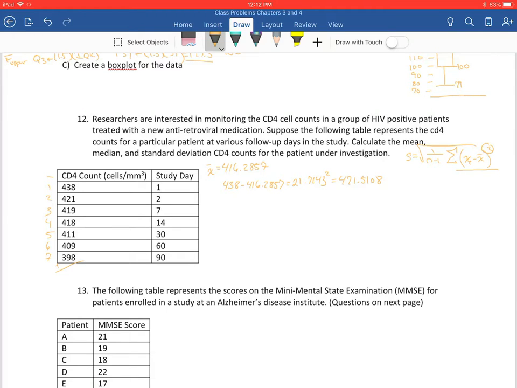Now we have to do this for all of our data points. So we need to do that for 421, 419, 418, 411, 409, and 398. And we have to subtract them all from 416.2857.